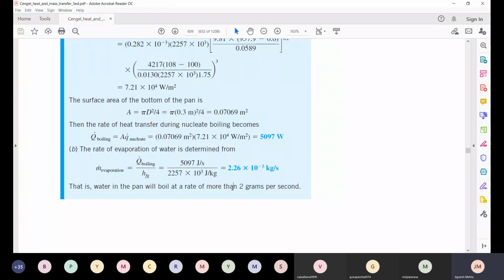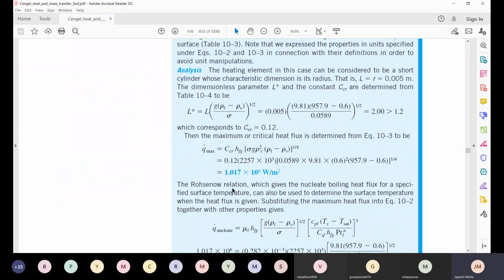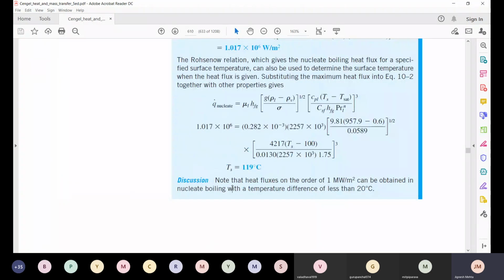second, right? Okay. So this is about the boiling heat transfer phenomena, heat transfer rate, different boiling regimes, some understanding about those regimes, the pool boiling curve, and one example on nucleate boiling.